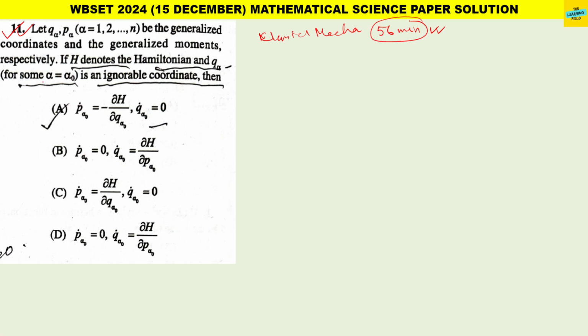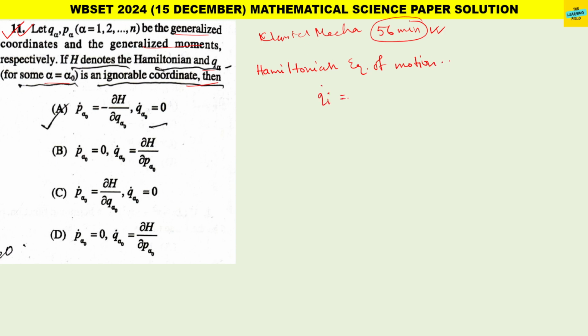So see what the question says. Let q alpha and p alpha be the generalized coordinates and generalized momentum respectively. If H denotes the Hamiltonian and q alpha for alpha equal to alpha naught is an ignorable coordinate, then what happens? So we need to know first what the Hamiltonian equations of motion are.